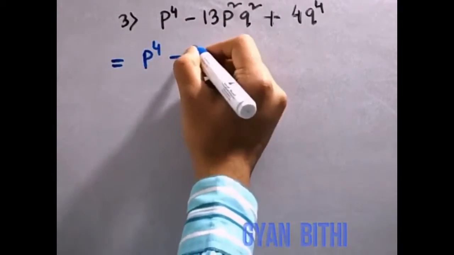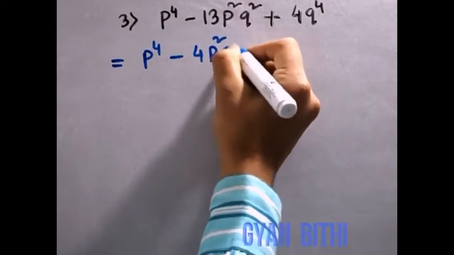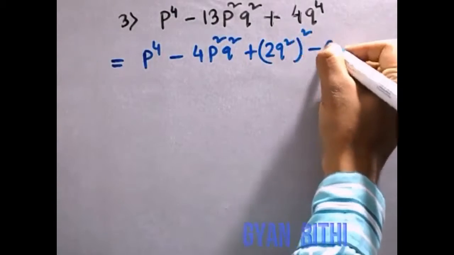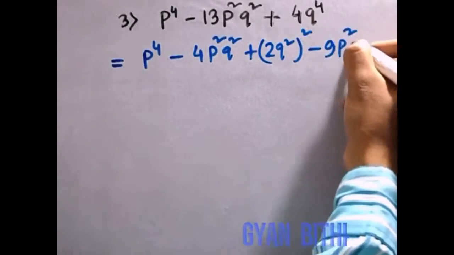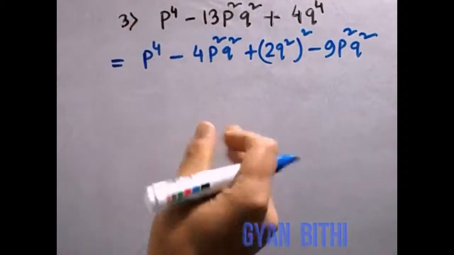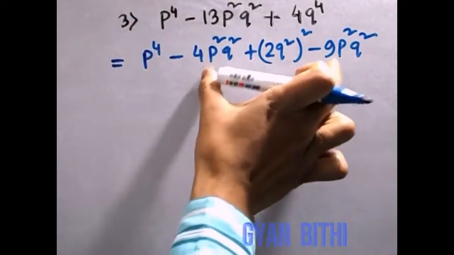p to the power 4 minus 4p square q square plus 2q square whole square minus 9p square q square. 4 plus 9 is 13, so we split this 13 into these forms.